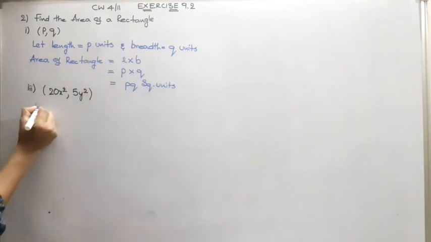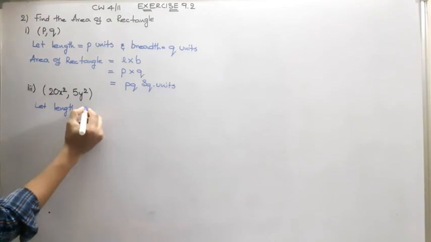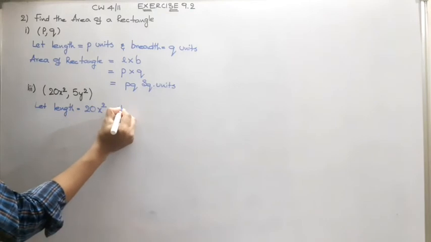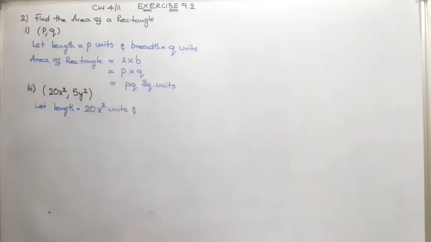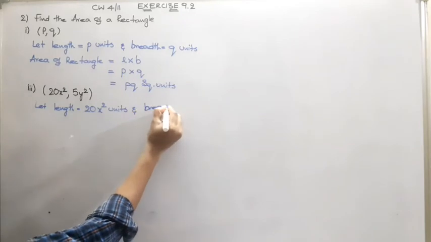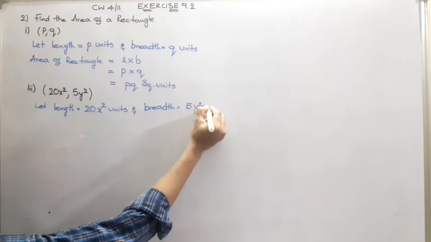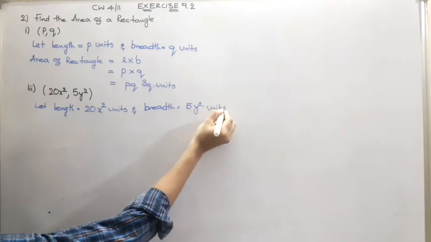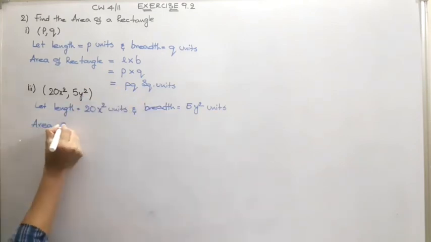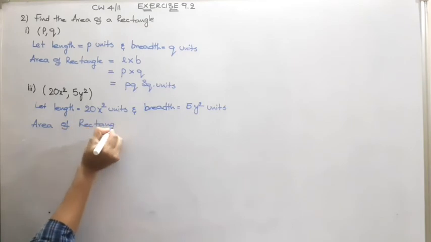Just like the previous one, let length is equal to 20x square units and breadth is equal to 5y square units. The same formula again. Area of a rectangle is equal to length into breadth.